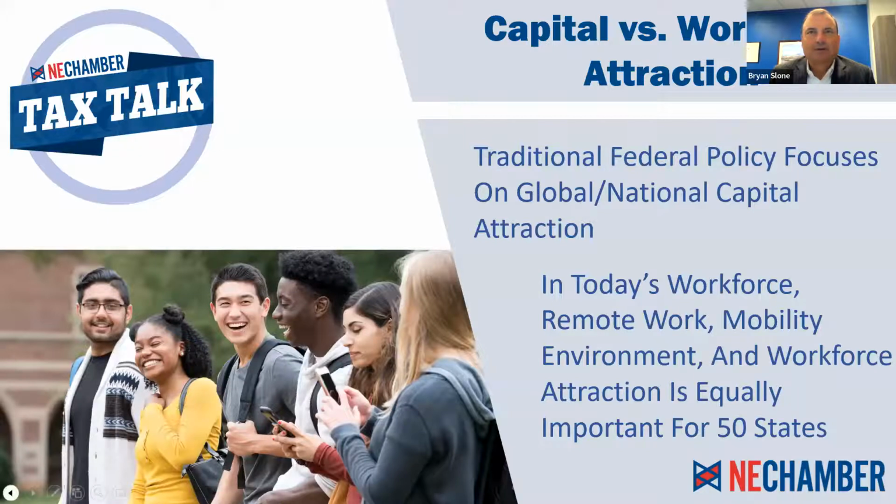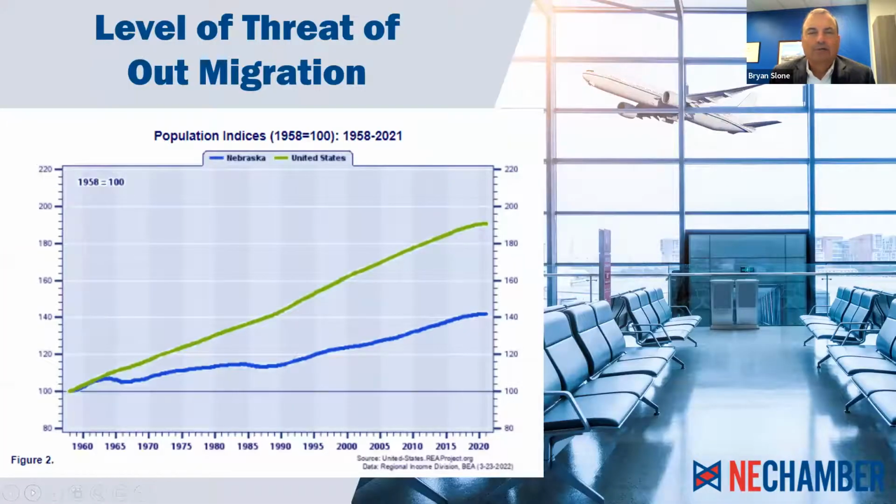And so we do have a greater threat at the state level. In many respects, Nebraska, like any other state, we're competing against all other 50 states, both for people and businesses, every day of the week. And outmigration is very easy. It's very easy for an individual to move to Florida or Texas with zero, or even a South Dakota with zero income tax rate, or for businesses to move, particularly in this day and age.